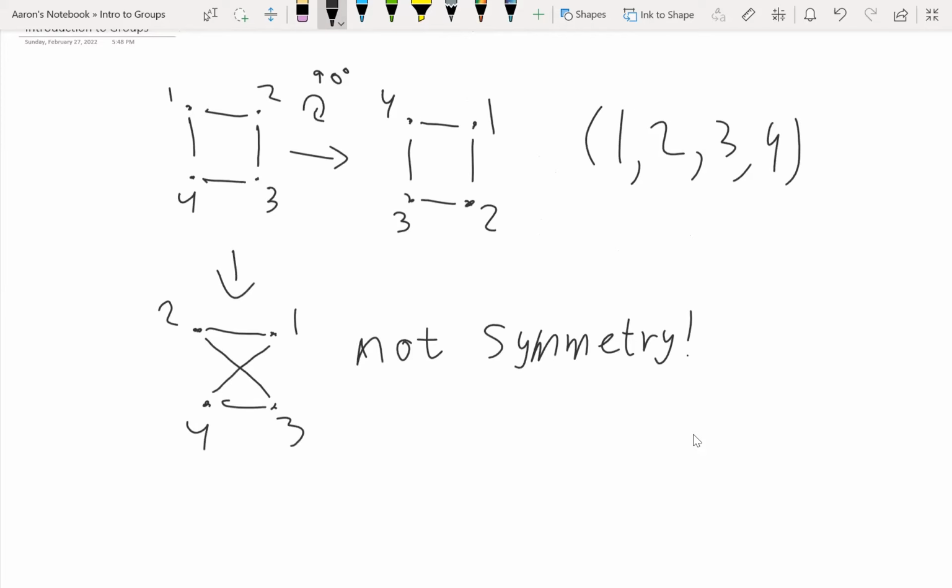There are 4 factorial ways to permute these vertices. There are not 4 factorial symmetries of a square, right? So we need to choose something to preserve and then preserve it, and that actually restricts how many remappings we can do that respect what we've chosen to preserve.